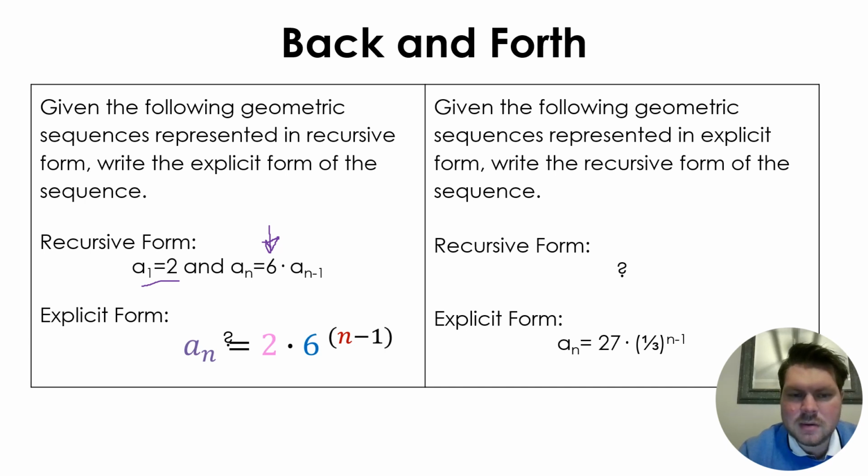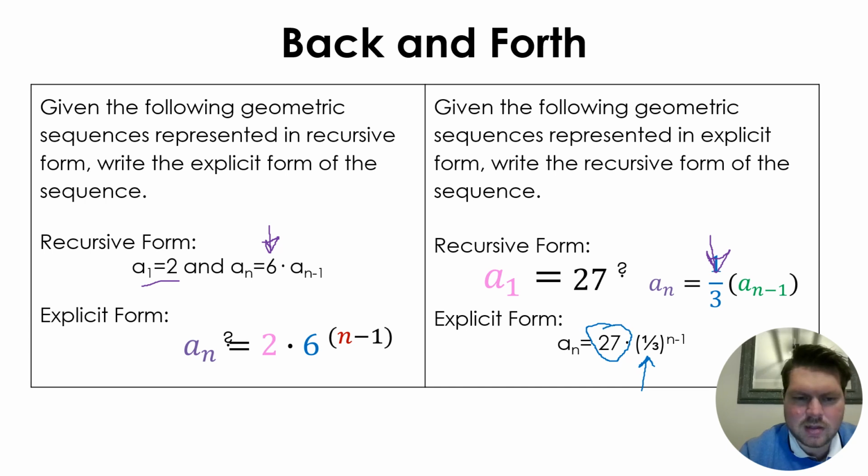And then for the next one, it's kind of flipped. I want to put it in this formula. My R is my multiplier. And looking at this, it's multiplying by 1/3. So the R will be 1/3. And then my A1 is my starting amount, which is 27. And I clicked a little too quick, so you saw that already.